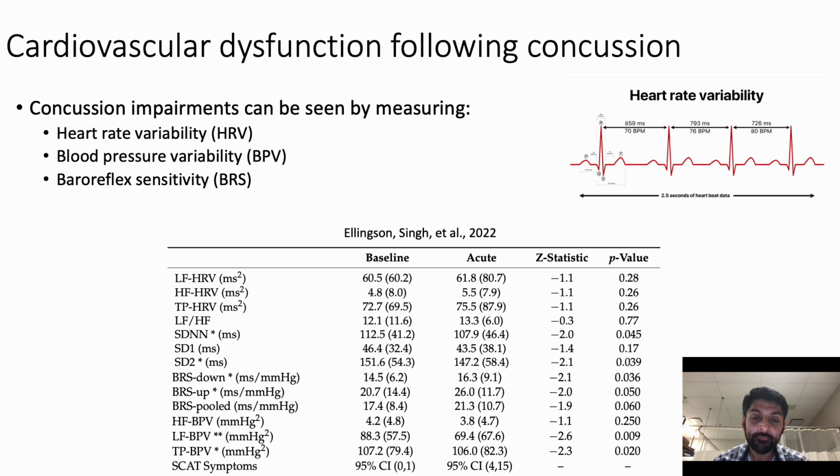For example, if you inhale and then you exhale, your heart rhythm goes up and down as you inhale and exhale. If we take a look at this chart here, we see this value SDNN, and even something as simple as that, the standard deviation of your R to R peaks, tends to decrease when you're concussed.